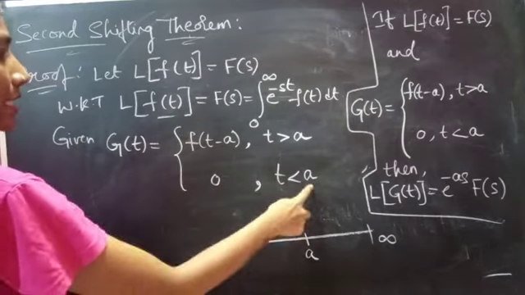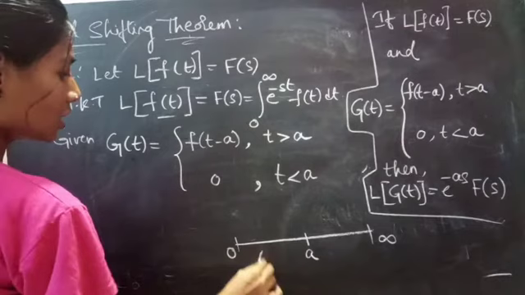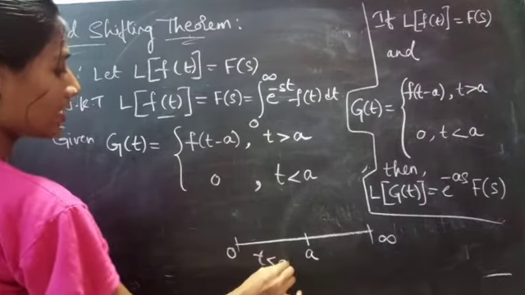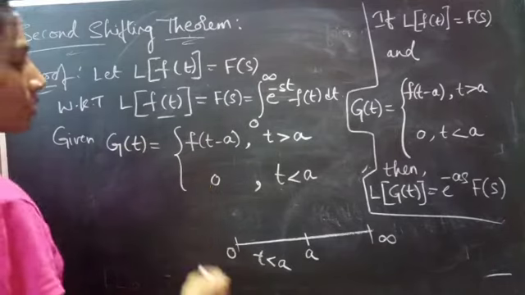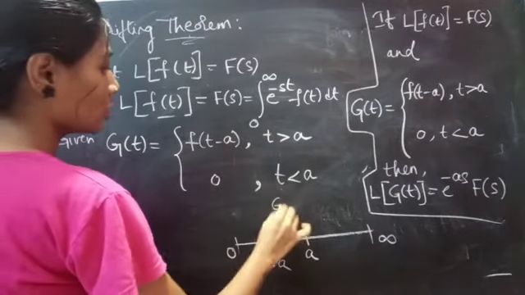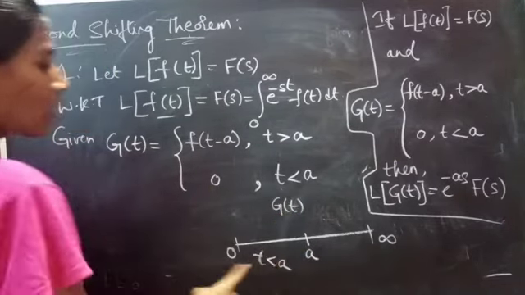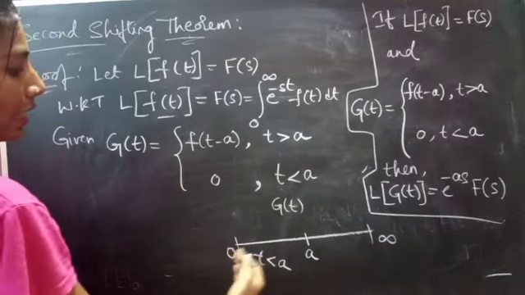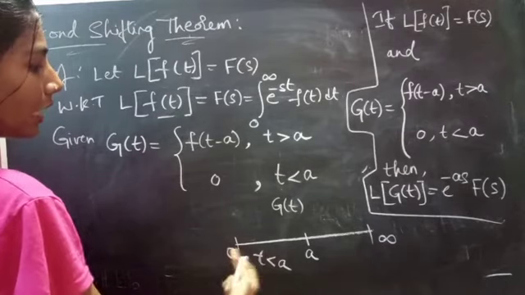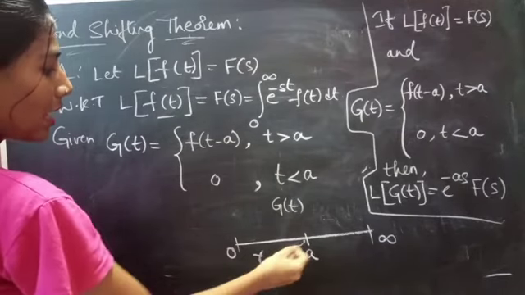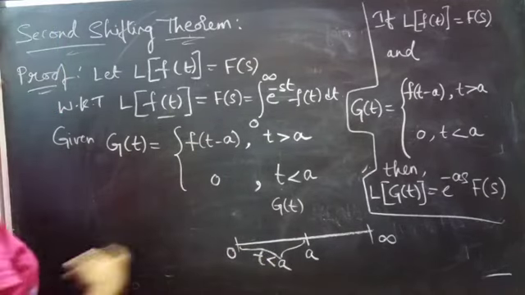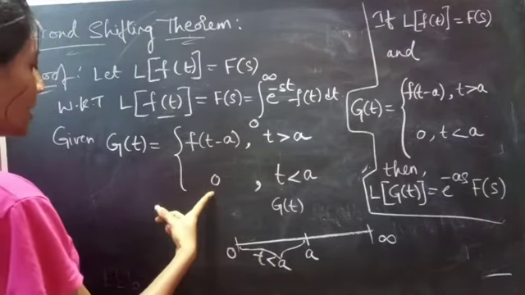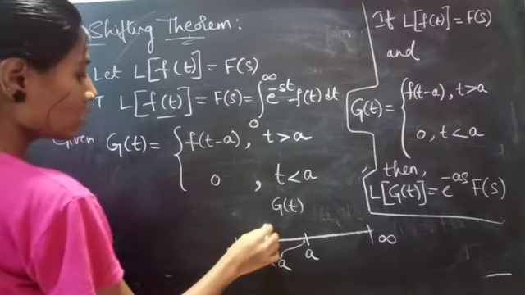If t is less than a, then g of t equals 0. So in a real line, this is the part where t is less than a, and g of t is equal to 0.